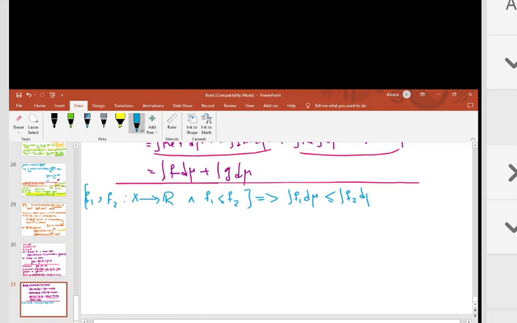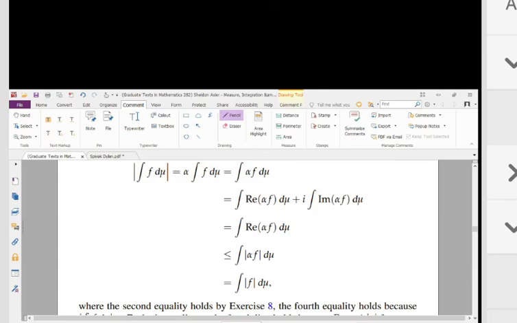Okay, we have this proposition. Now we have these two real values. This, for example, is f1 and this is f2. We know that the real part of this is less than or equal to the absolute value.